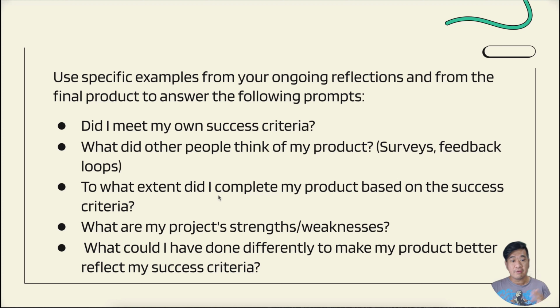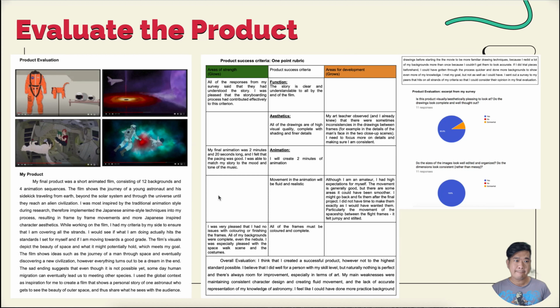Pause this video if you want to read them. This is the example for evaluating a product. You can see some pictures of the product, and the success criteria given here, and then the growth for the development and the areas of strength.